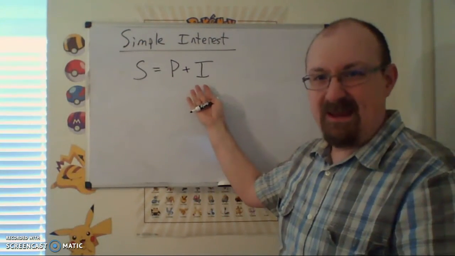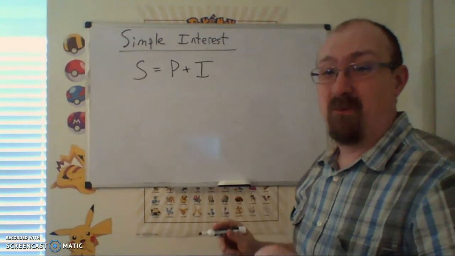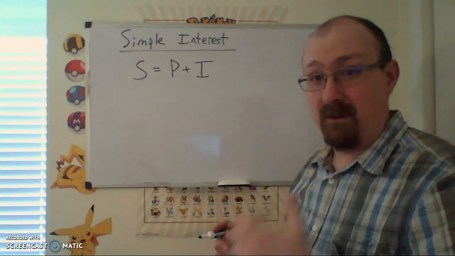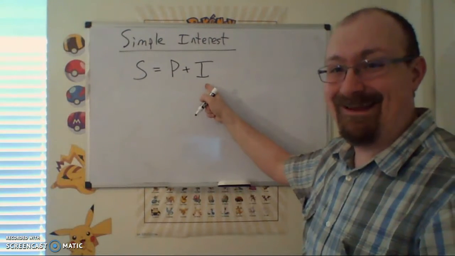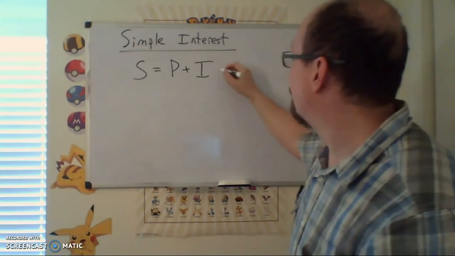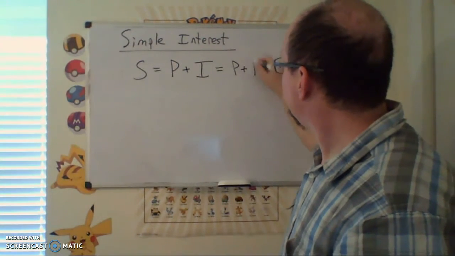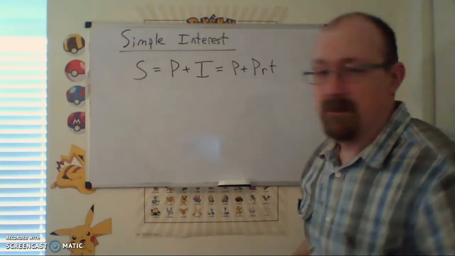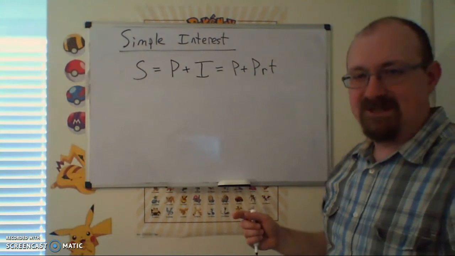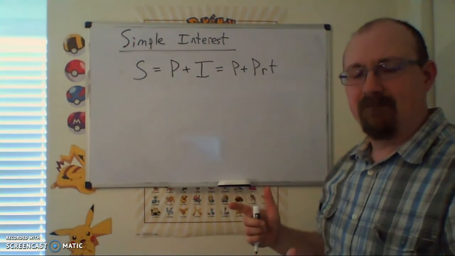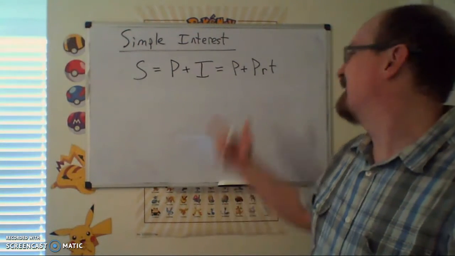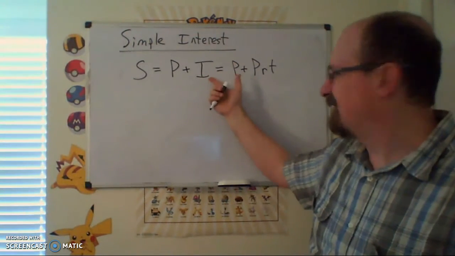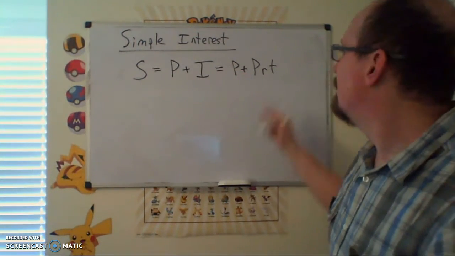This formula comes in handy a time or two. I actually find it more useful working with it from a pure, slightly manipulated standpoint. I like feeding in that simple interest formula that we saw earlier. So P plus PRT, because you'll see there's a handful of examples where we actually need to extract how much we want to invest, and it's a lot easier from this format instead of just having I floating around in there.